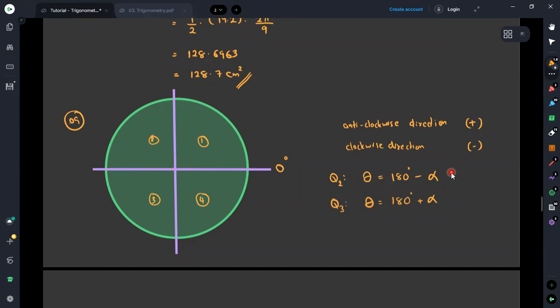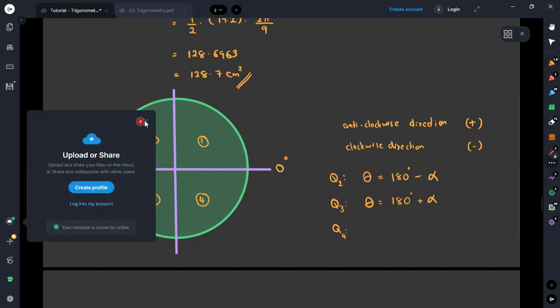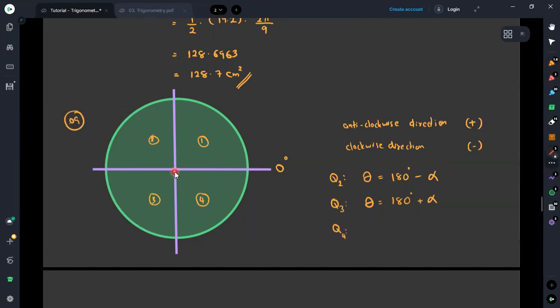And if it is in the fourth quadrant, we are not going to consider it that much. In the fourth quadrant, we may have the value of theta in this way, but the associate acute angle is alpha.